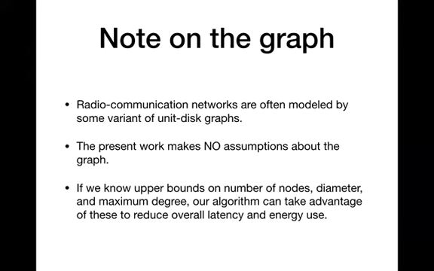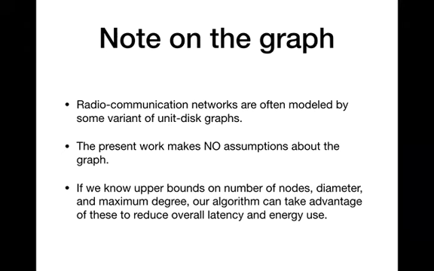A quick note about the graph. Radio communication networks are often modeled by some variant of unit disk graphs, but we won't make any such assumption. We'll just assume that we have any graph and the graph topology is not known to the nodes. And our algorithm will work even in this very general setting.